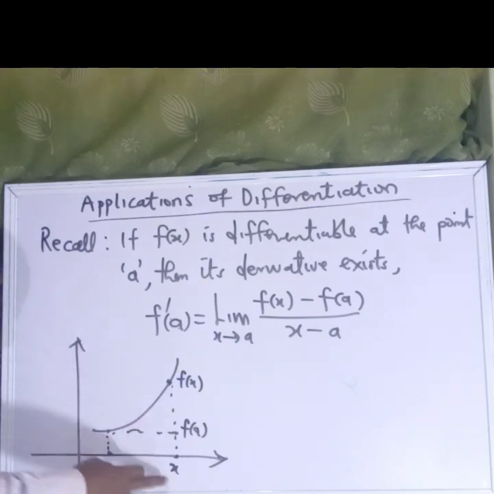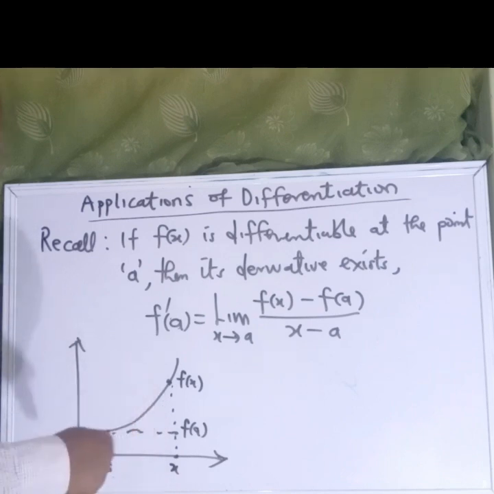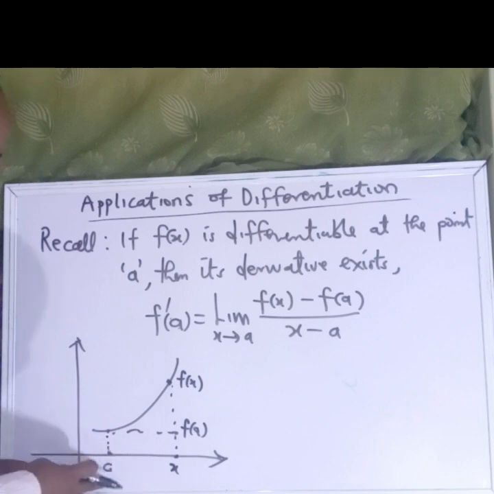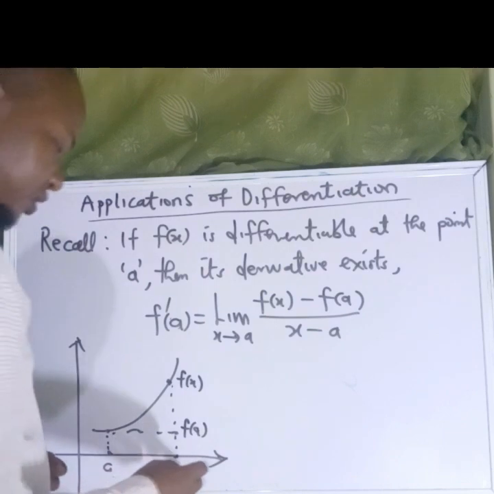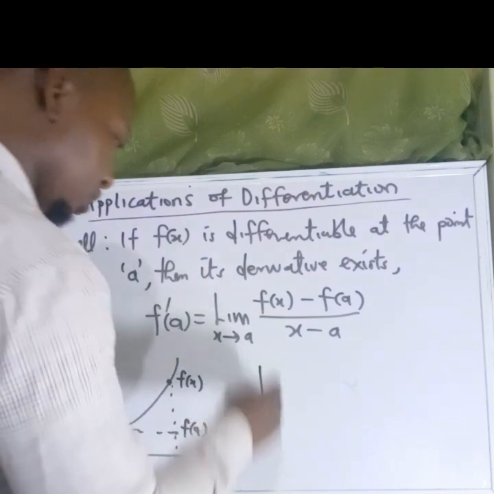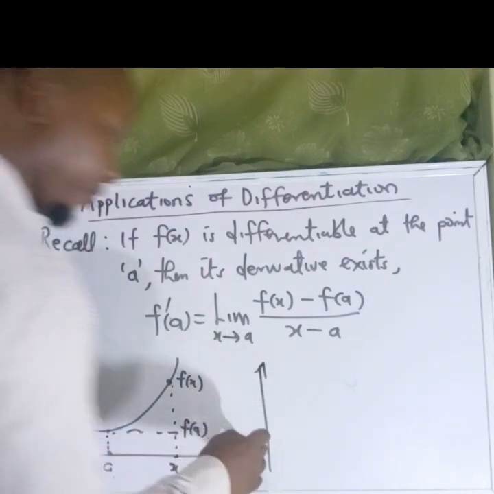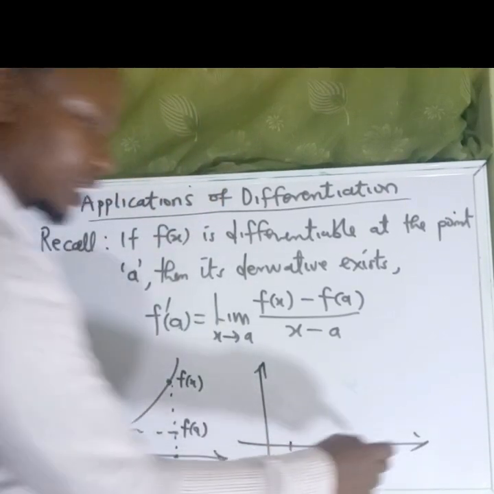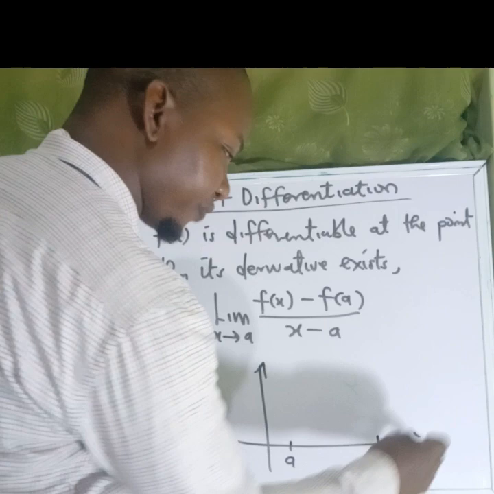Now, suppose this x is also fixed. Okay, let's say this point is fixed, that it is not moving, just as this one is fixed, the terminal point here is also fixed. So let's say instead of this graph, we now have a point which is fixed, and that point here which is also fixed.